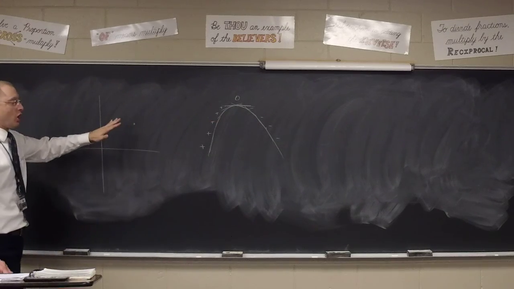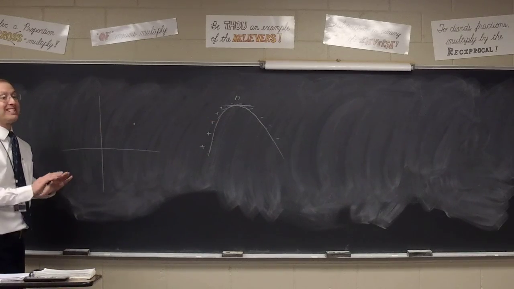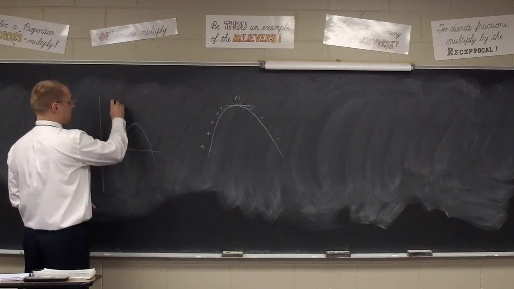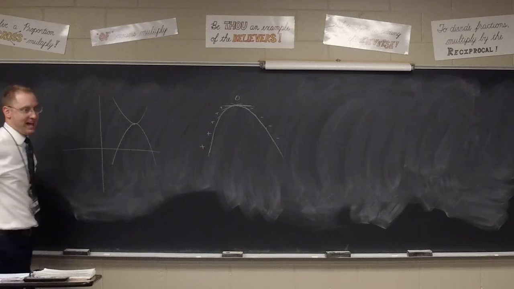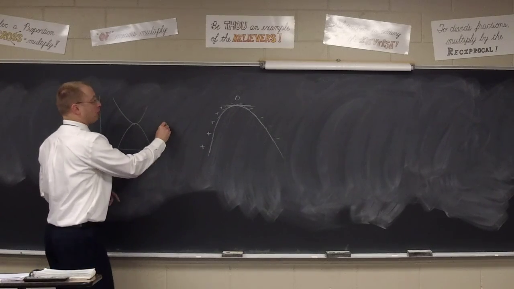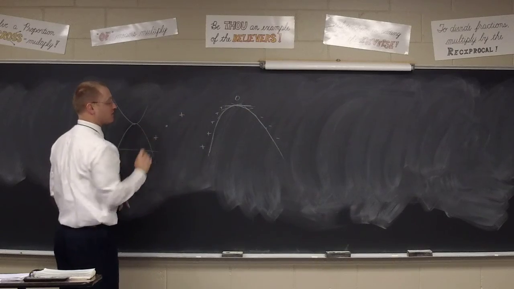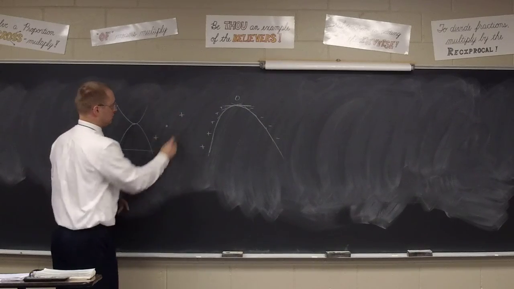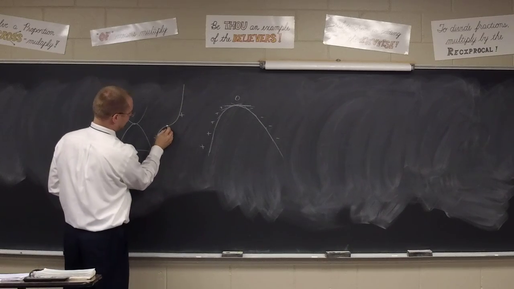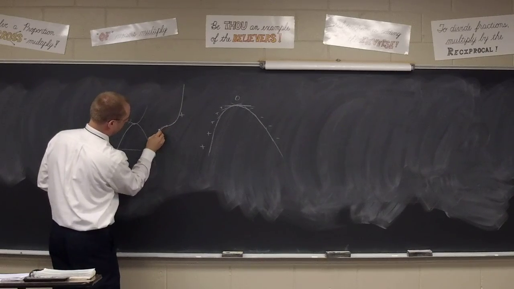If I know this is the only critical point, I don't know exactly how my parabola is shaped. But I know it's either that or it's that. Make sense? Now, if my critical point has positives on both sides of it, then maybe that, it would have to actually fully come in like that.